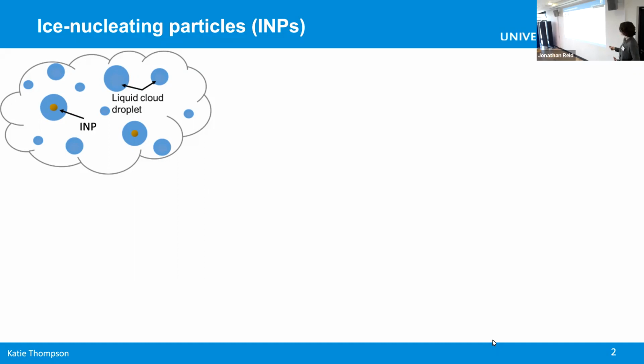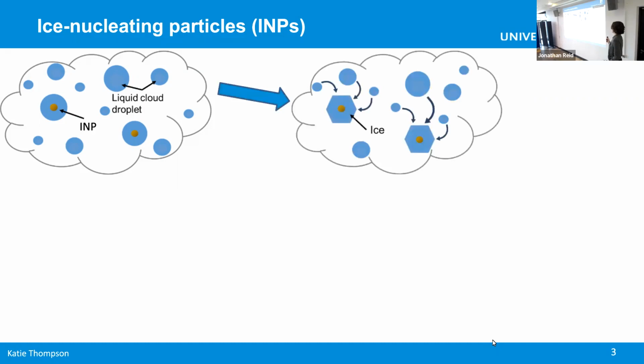So here we've got a cloud, and in this case we've got some ice nucleating particles that are immersed in the cloud droplets. Now this is just one example of a pathway, but it's the most common in mixed phase clouds. The cloud will cool to a temperature where the ice nucleating particle is activated, and then we start to see ice forming.